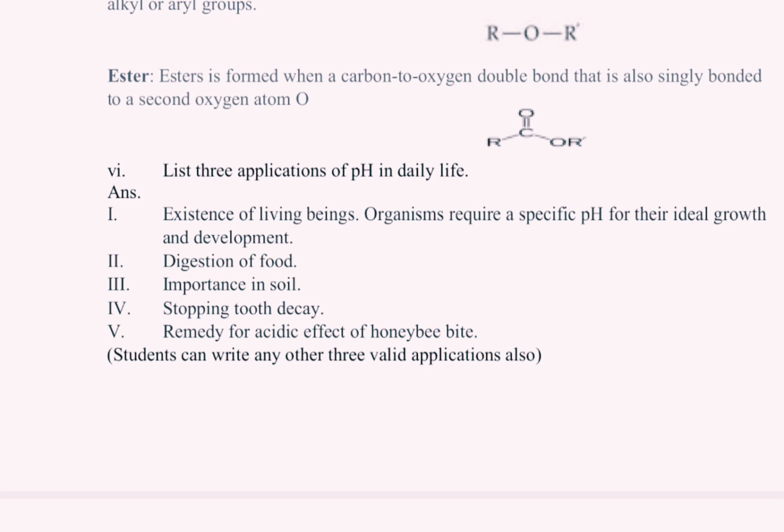Then tooth decay, because we all know we have a base in toothpaste, as tooth decay is just because of the acidic material inside, or the bacterial action which produces it, or the honeybee bite, that is also one of the examples.